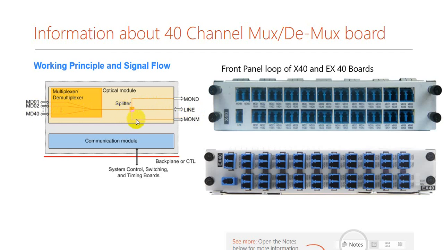Then for monitoring purposes, there is a monitoring demultiplex signal and a monitoring multiplex signal. If we are using this board as a multiplexer, then for any monitoring of the spectrum or to check the health of the individual channels, we need to use this port for monitoring. And if we are using this board as a demultiplexer, then we should connect our spectrum analyzer board to MOND.